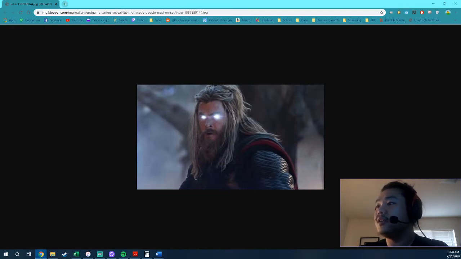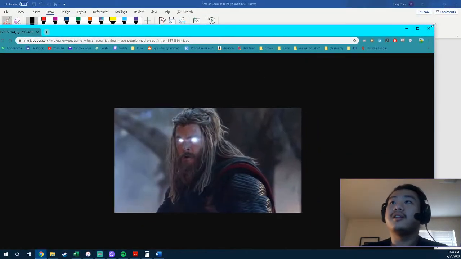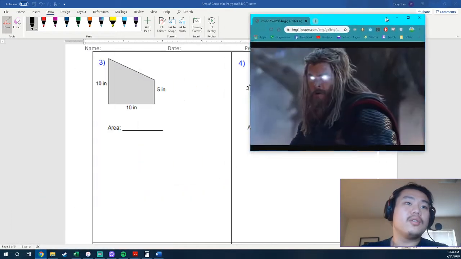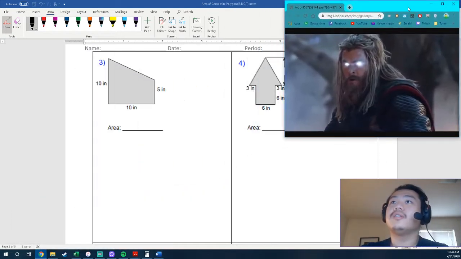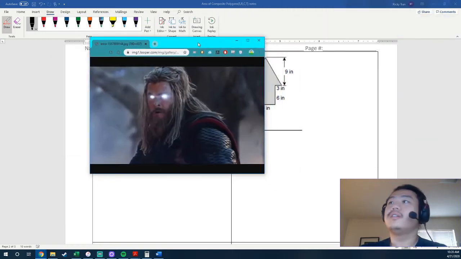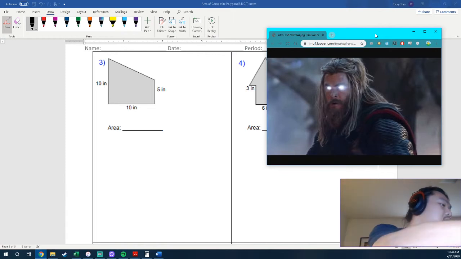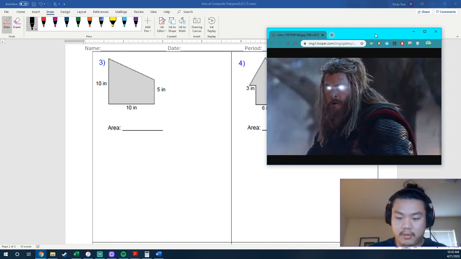All right. So let me see. I'll make this nice and tiny. I'll put Thor. I can't put him in the background. Oh, my iPad's back. Come on.